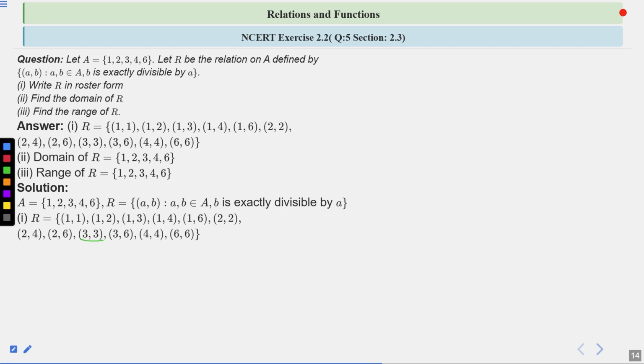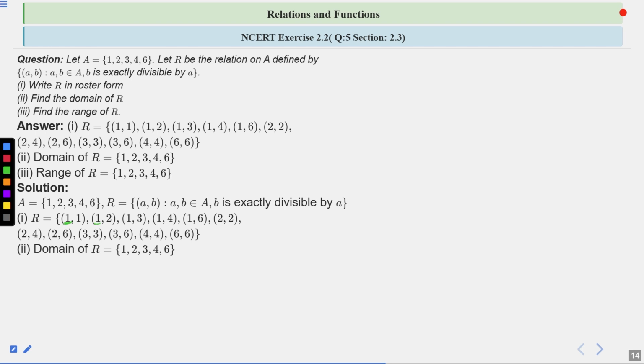The same goes for the other pairs. So (1, 4), (1, 6), (6, 6), (4, 4), (3, 6), (2, 6) and (2, 4). I hope it is all clear how we are getting our ordered pairs. Now, to get the domain, what you have to do is quite simple.